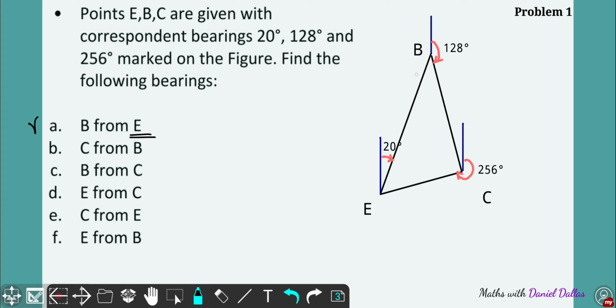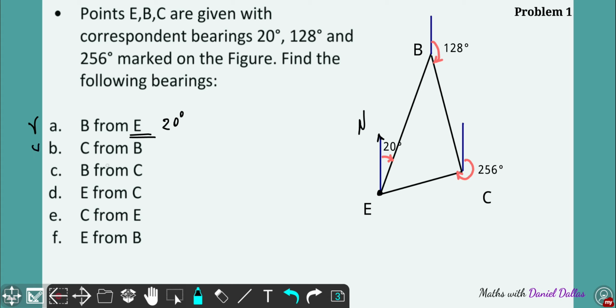So you set up the north direction right there at the point E. This is your reference direction, and then you measure the angle in the clockwise direction until you reach the segment EB. You're just turning 20 degrees, as you can see here. So the answer is 20 degrees. It's already done.